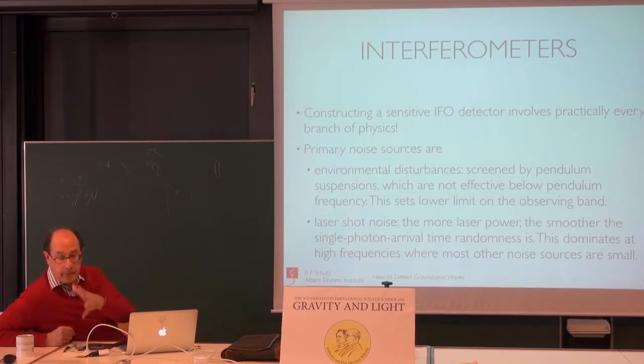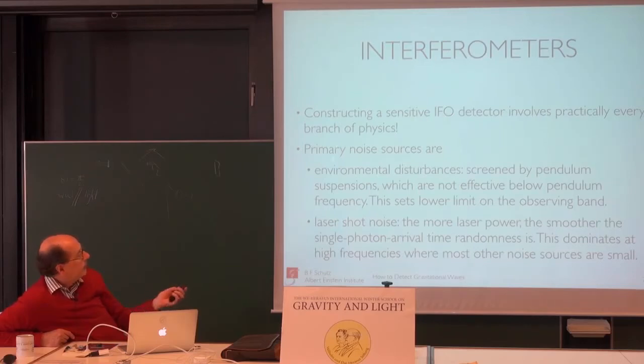Even in a perfectly stable interference pattern, you'll have these little fluctuations. And so that sets a noise limit. That's the noise in our interferometer. That's called laser shot noise. That dominates at the high frequencies, and I'll show you some examples of that.